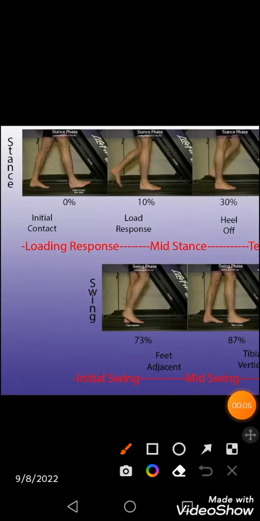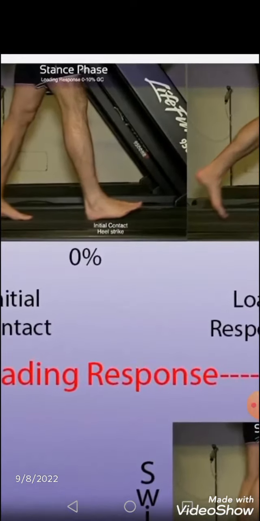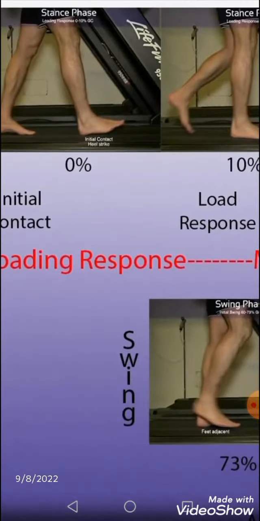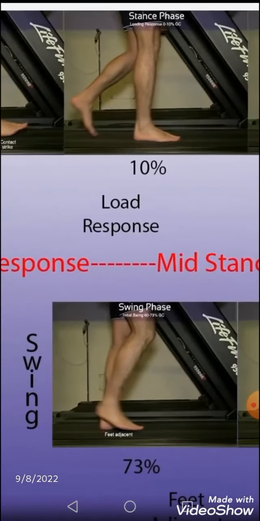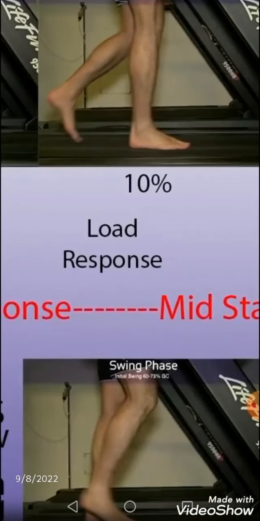Now we have to revise the various phases. Concentrate that first of all there lies the initial contact, or you can see the heel strike, right? Now in the next picture, the next phase is the loading response, when your foot is showing its flat nature, or flat foot is occurring.